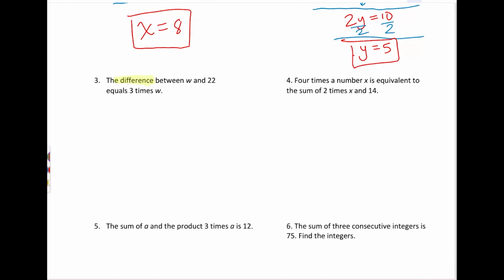So the difference, we're going to subtract two things, and now as we read more of the problem, we're going to figure out what it is we're actually subtracting. It says the difference between w and 22. So w minus 22 equals 3 times w. So times here indicates multiplication. So we have 3w.